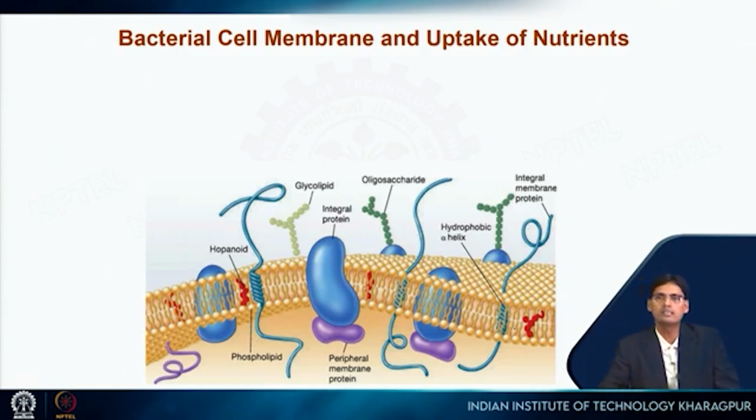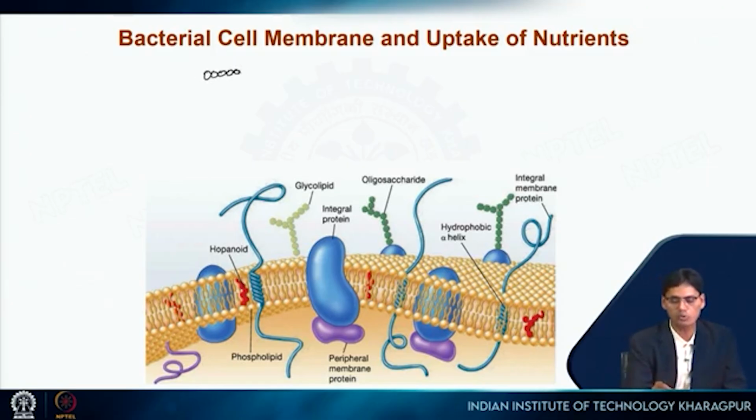But the plasma membrane acts as a selectively permeable barrier. Why? Because the cell wall and outer membrane of some bacteria are much more porous in nature, so many things can pass through. But the plasma membrane acts as a selectively permeable barrier.